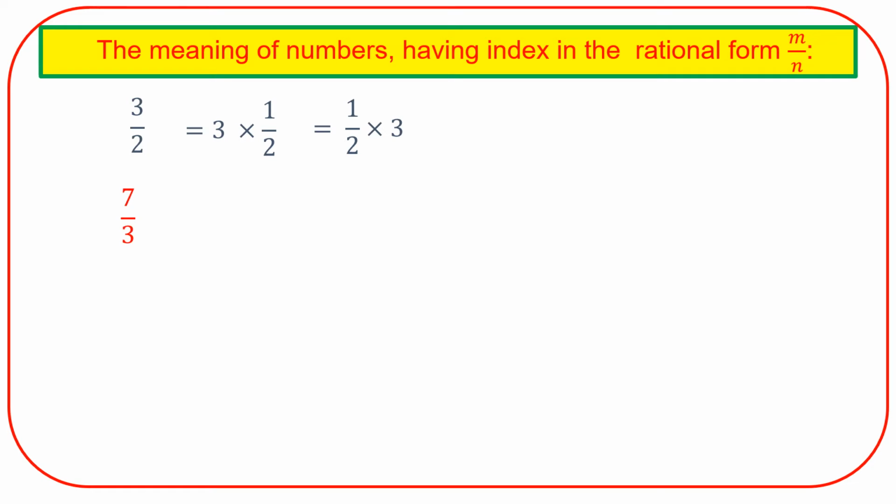Similarly, 7 upon 3 is equal to 7 into 1 upon 3, or 1 upon 3 into 7. 4 upon 9 is equal to 4 into 1 upon 9, or 1 upon 9 into 4.